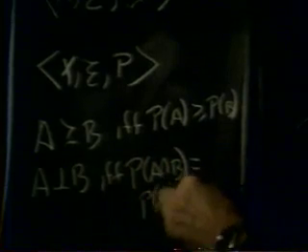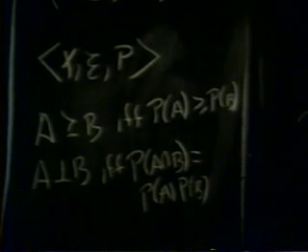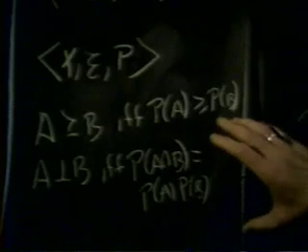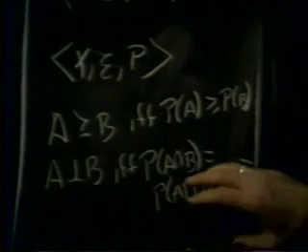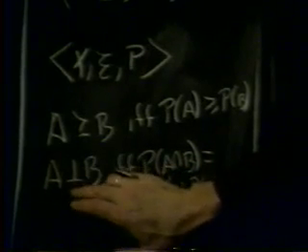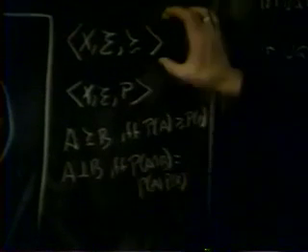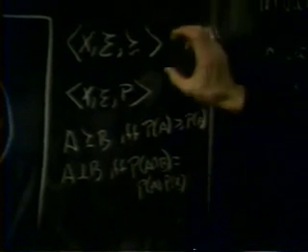We'll say that A is independent of B if and only if P of A intersect B is in fact equal to P of A times P of B. And the question has arisen, since independence is an extremely important concept, is this notion of independence a relation in the underlying qualitative structure? Is that a meaningful relation in that structure? That is, can it be defined in terms of the primitives of that structure?